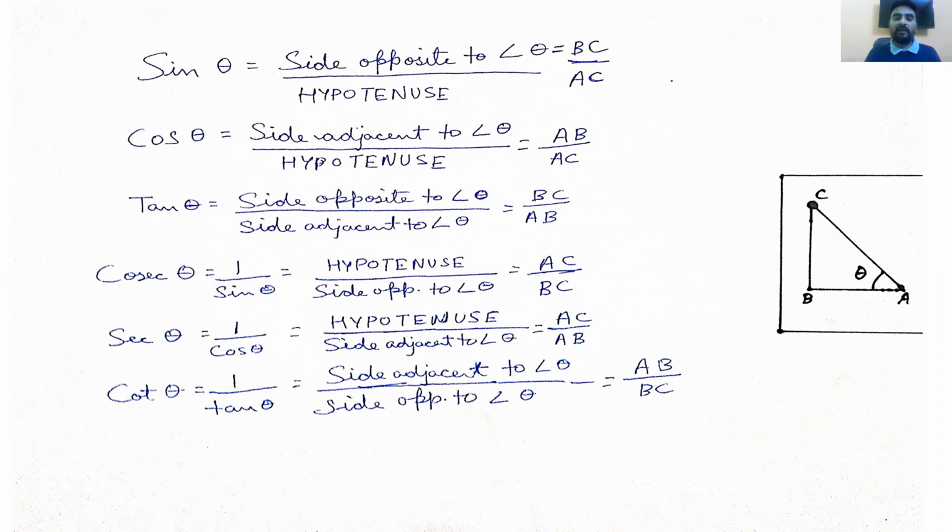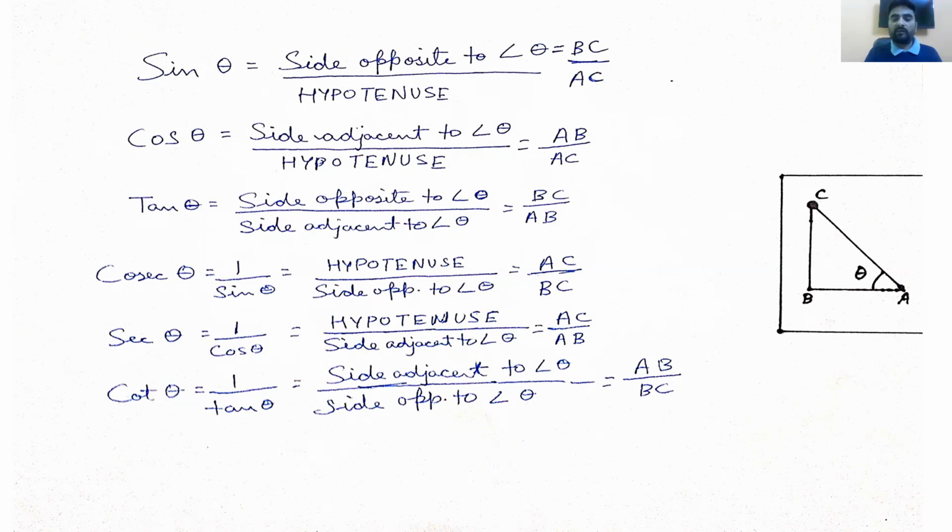So cosec theta is nothing but the reciprocal of sine theta, which means hypotenuse divided by the side opposite to angle theta, which is equal to AC upon BC. Now sec theta is the reciprocal of cos theta, which is hypotenuse divided by the side adjacent to angle theta, equal to AC upon AB, again as you can see in the triangle.